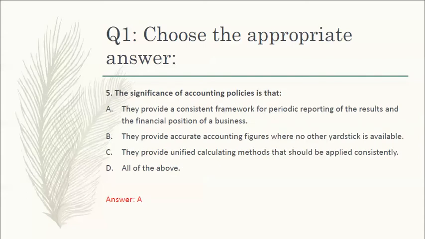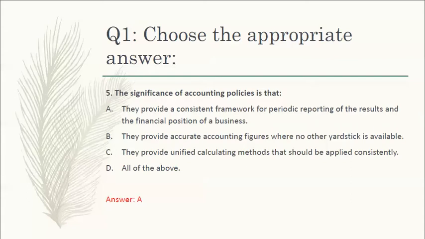Question 5. The significance of accounting policies is that they provide a consistent framework for periodic reporting of the results and the financial position of a business, which is the first choice. Second choice, they provide accurate accounting figures where no other yardstick is available.